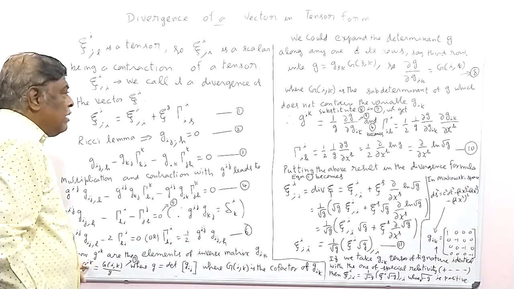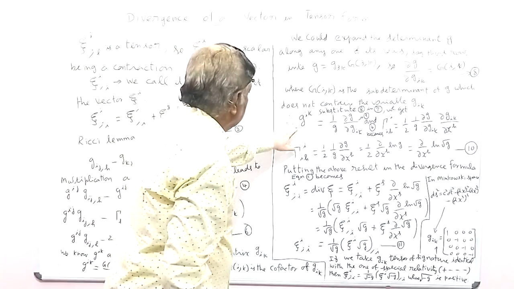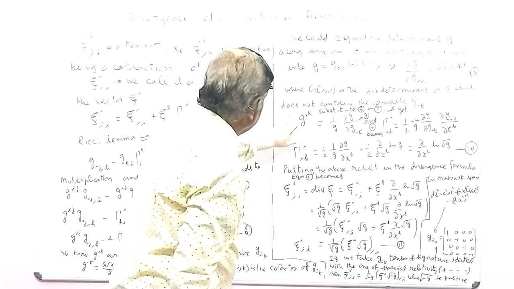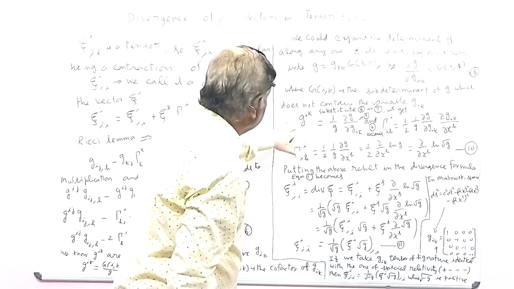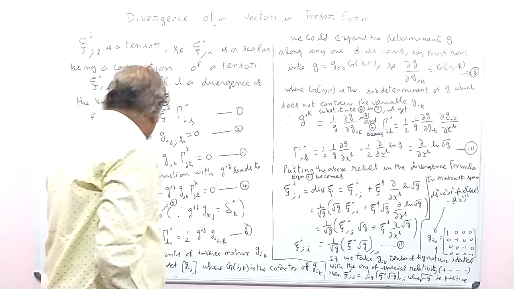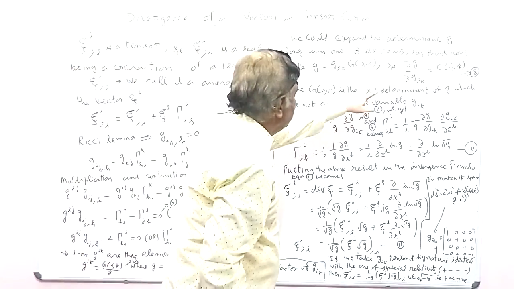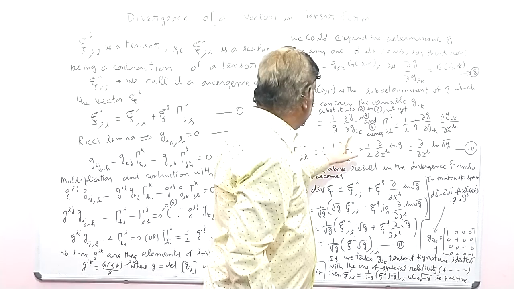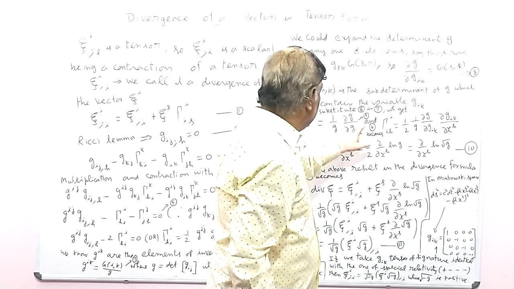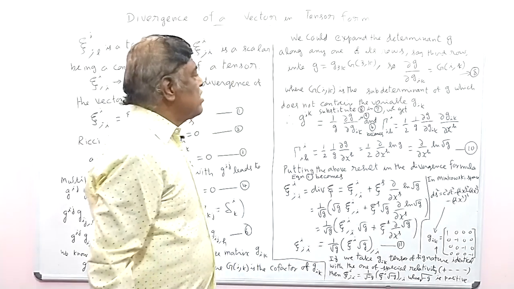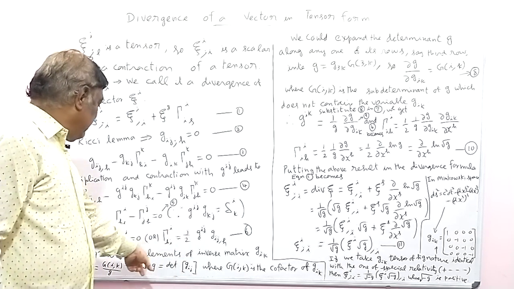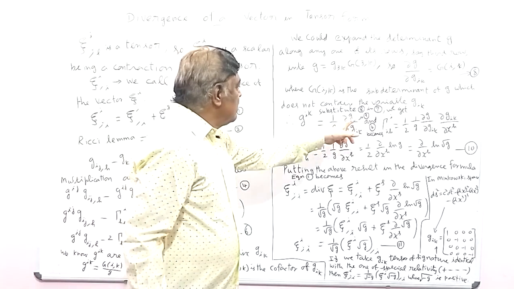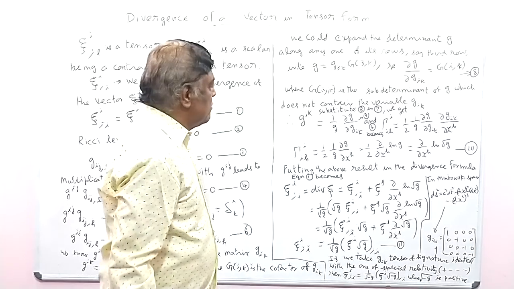So the inverse element, this is the element of the inverse matrix, g^ik is equal to 1 by g times partial dg by dg_ik. So we are using partial dg by dg_ik. If you substitute equation 8 in 7, you will get this equation 9.